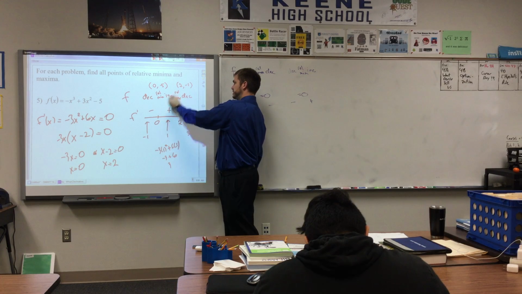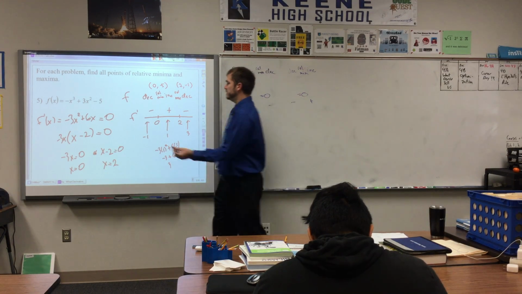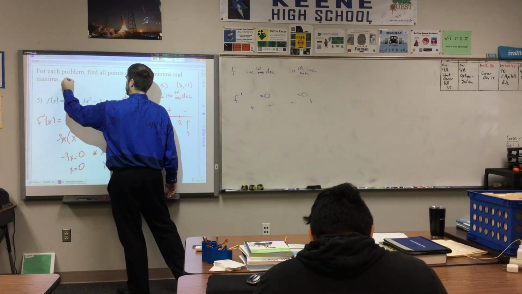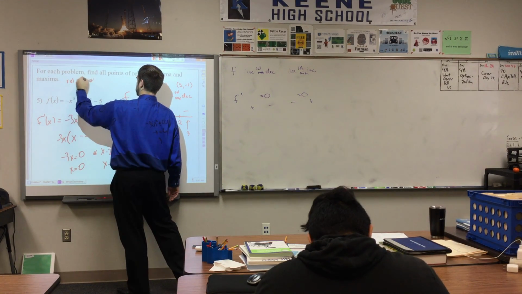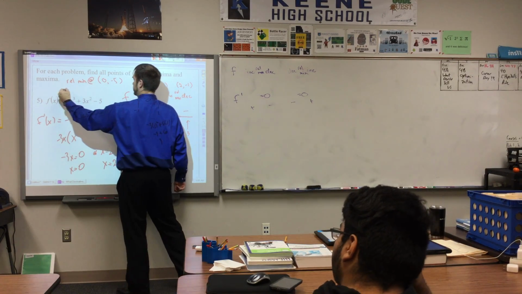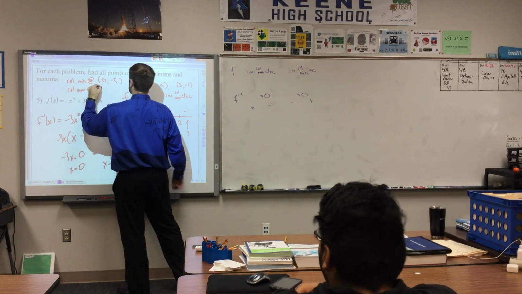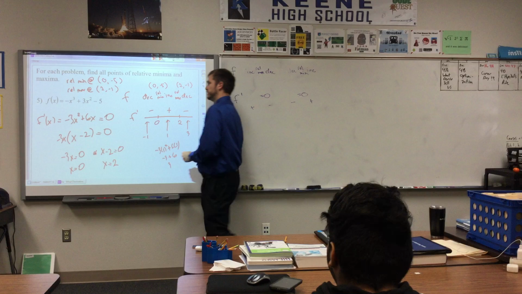I'm going to need validation on that. Okay, validation here. So, we'll summarize our information here. Relative minimum at 0, negative 5. Relative maximum at 2, negative 1.